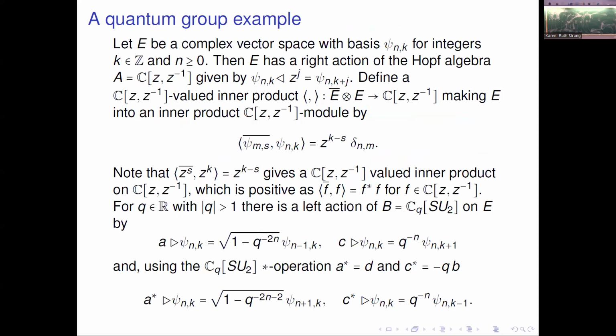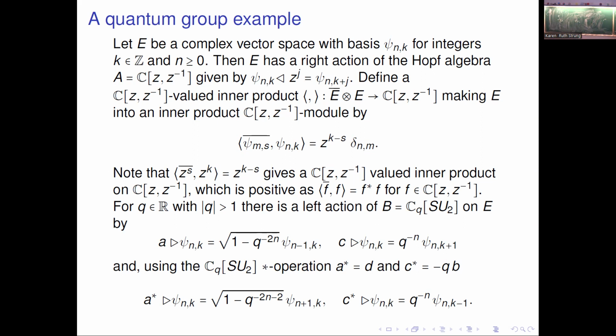Okay. So let's take functions on a circle. So z is just e to the i theta, the standard complex variable on the unit circle.